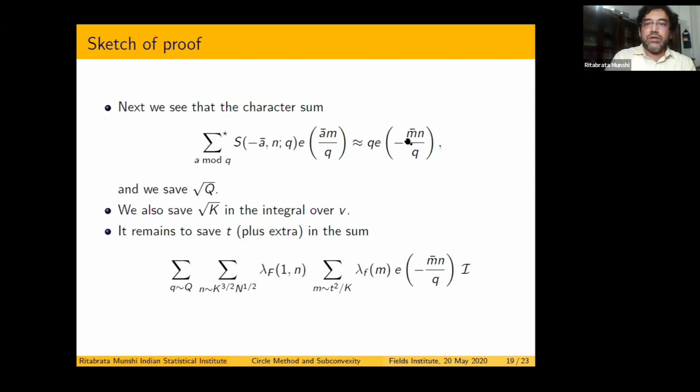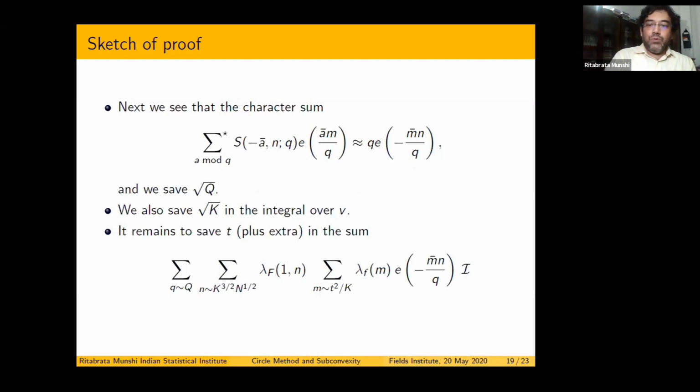So it becomes E of minus M bar N by Q. This on one hand gives you a square root of Q saving, because this is a character sum. Trivially it's root Q times Q, it's Q to the power 3 by 2, and now it's Q, so you have a square root of Q saving. And the character sum dissolves and gives you a nice additive character. And moreover, you save square root of K if you do the integral over V.